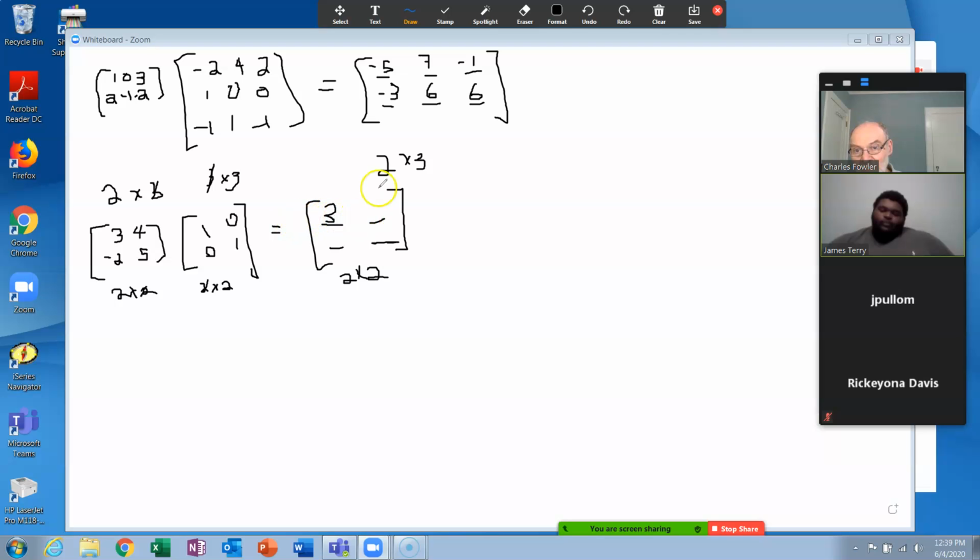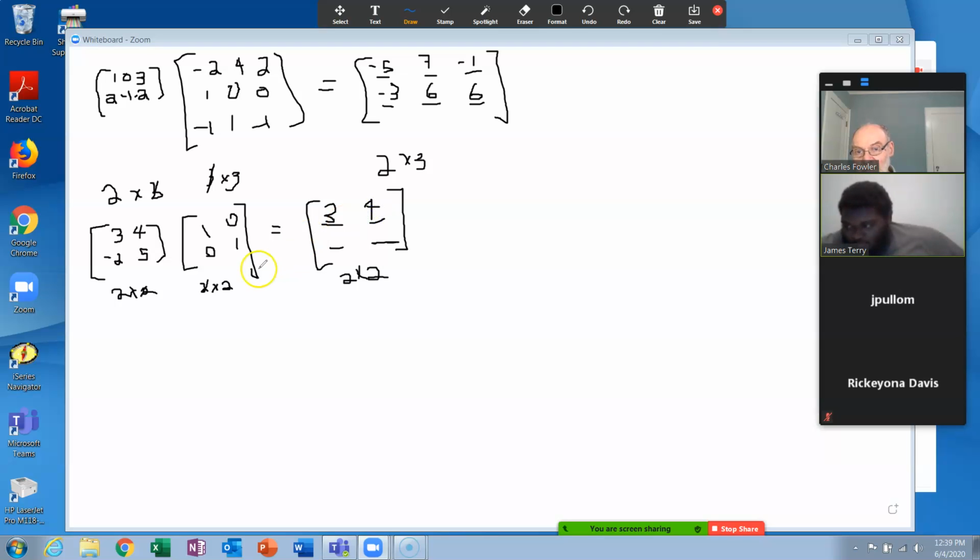First row here, second column here. 3 times 0 is? 0. 0 plus 4 times 1? 4. That adds to be? 4.